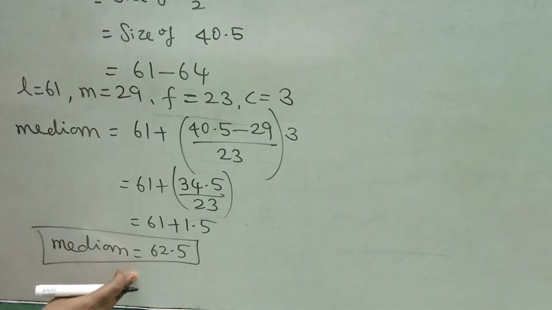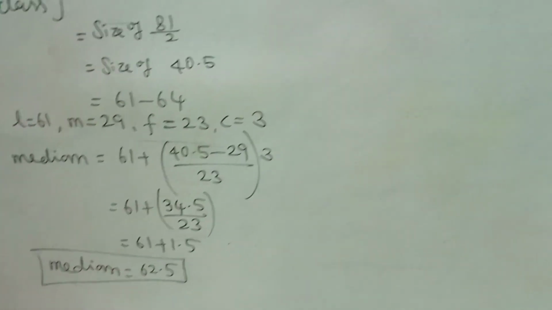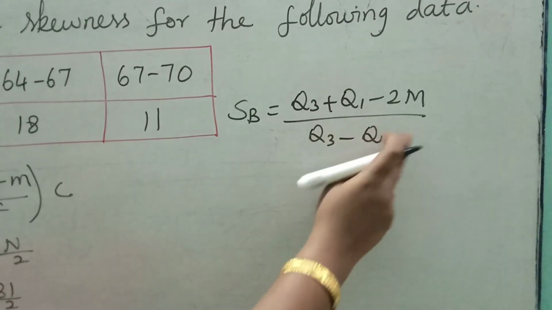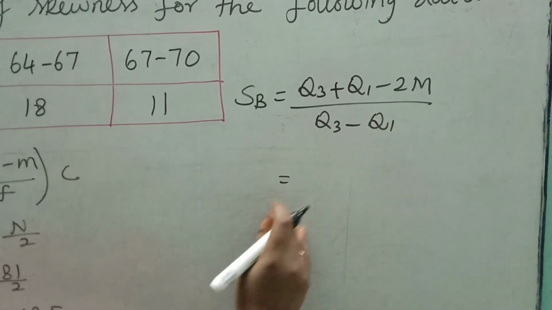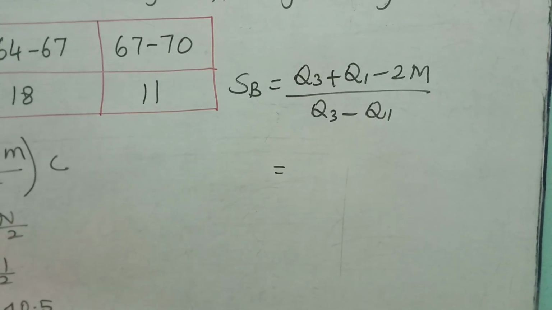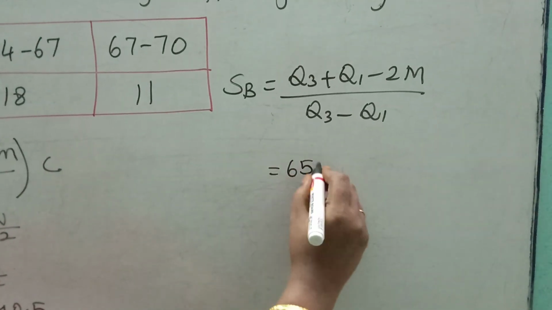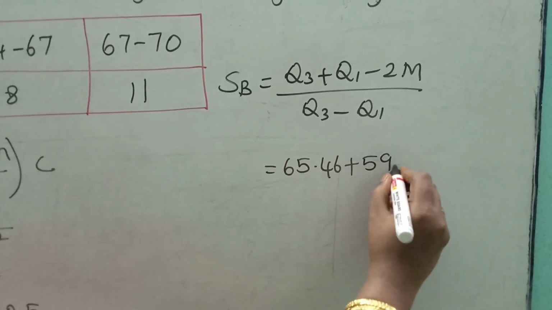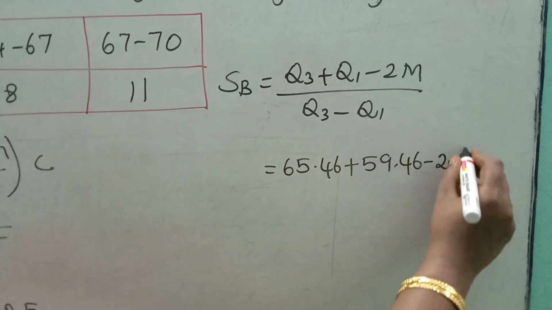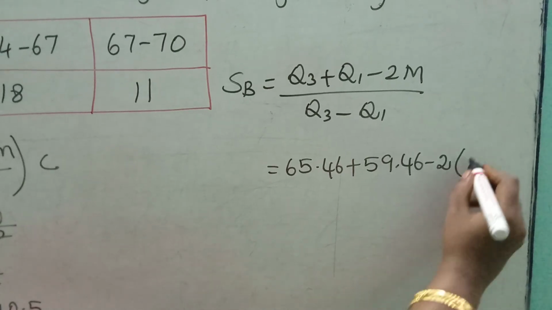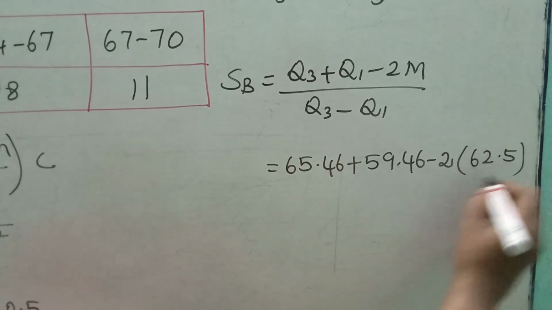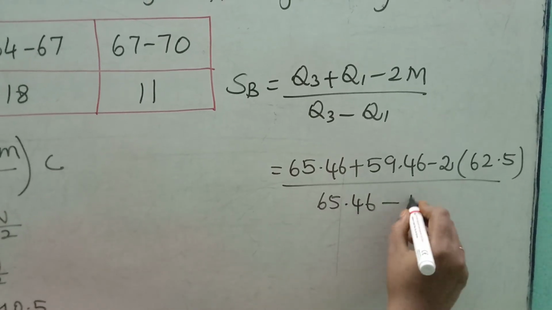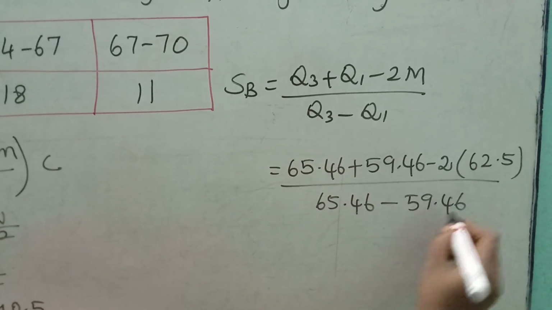We substitute all the values in the skewness formula. Skewness formula is Q3 plus Q1 minus 2 median, divided by Q3 minus Q1. Q3 value is 65.46 plus Q1 value is 59.46, minus 2 times median value 62.5, divided by Q3 65.46 minus Q1 59.46.